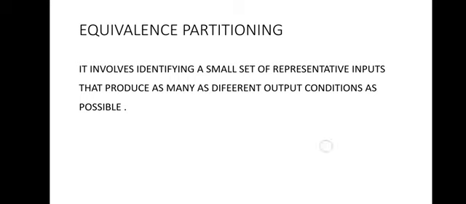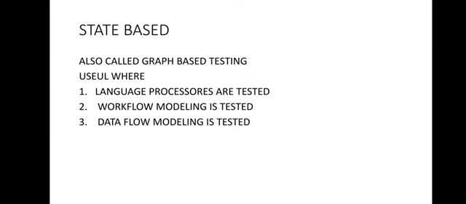Next is state-based testing, which is also known as graph testing. It is useful where the product under test is, let's say, a language processor, such as a compiler, wherein the syntax of the language lends itself to a state machine or a context-free grammar. That means theory of computation basics are there.